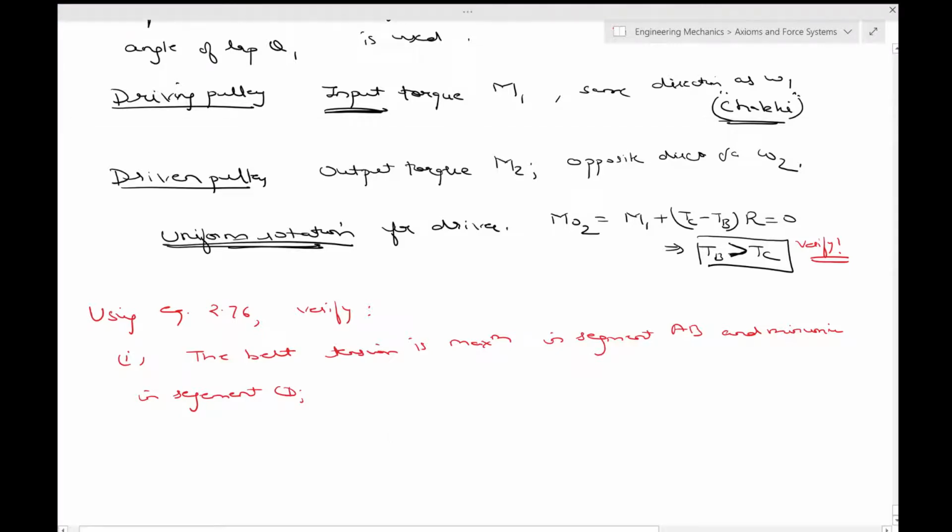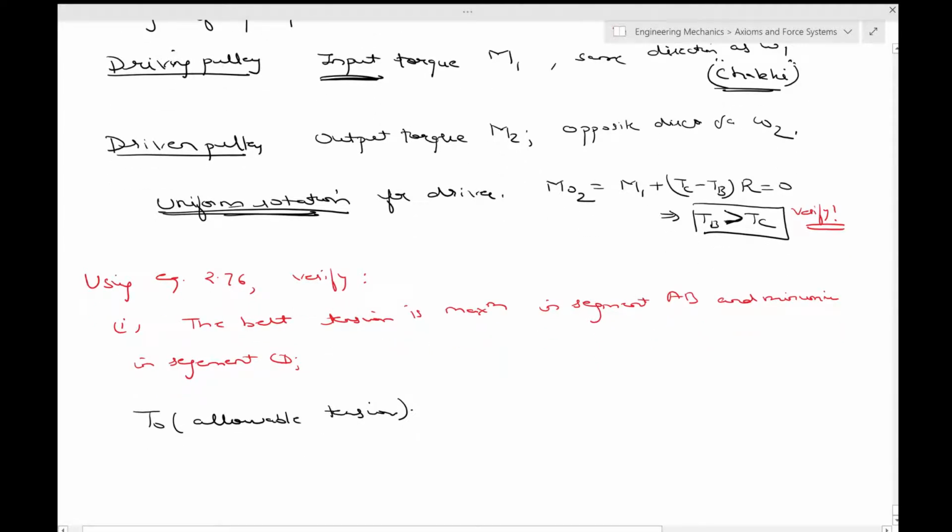So if T naught is the allowable tension, obviously you want to compare it with the maximum tension, and that happens in the segment AB. T naught is the maximum allowable tension in the belt.